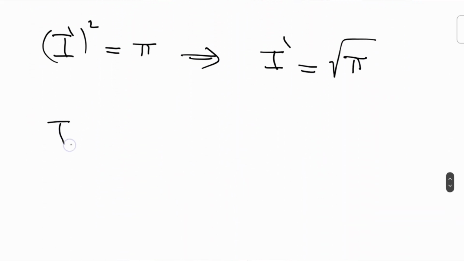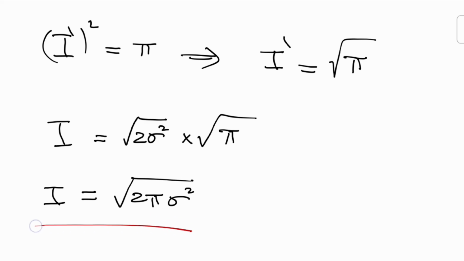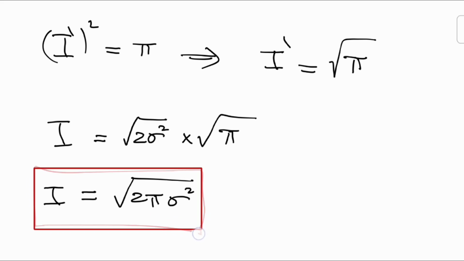So we know that I is equal to root 2 sigma square times root pi, which is equal to root 2 pi sigma square. And that's the final proof.